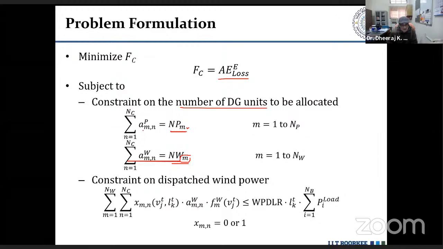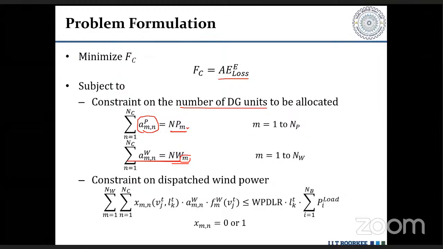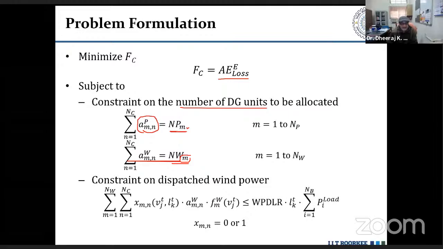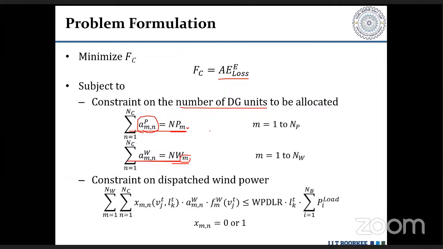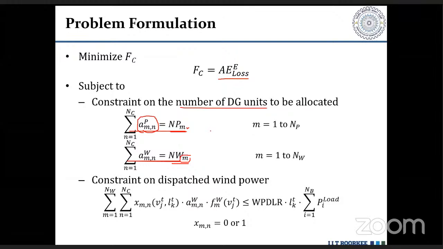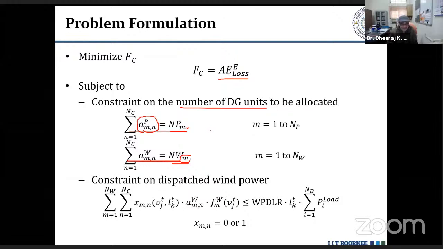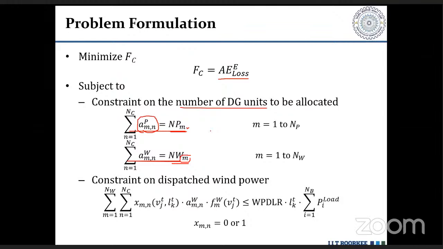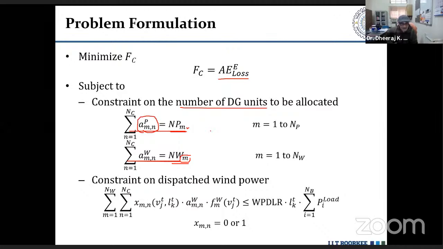So the total number of DGs we have allocated at different locations, the sum of all that is equal to a predefined number. For each DG type, we have specified a number. Suppose 2 DGs of a particular type we have to allocate. Where to allocate, that is computed by solving this optimization.